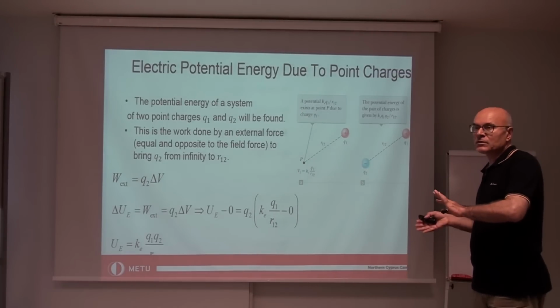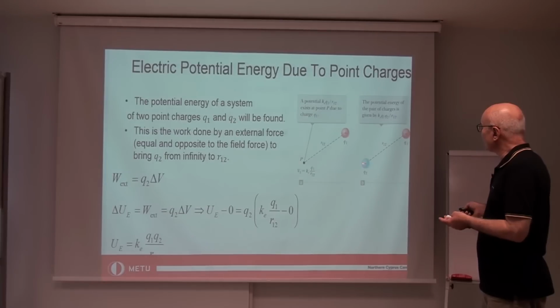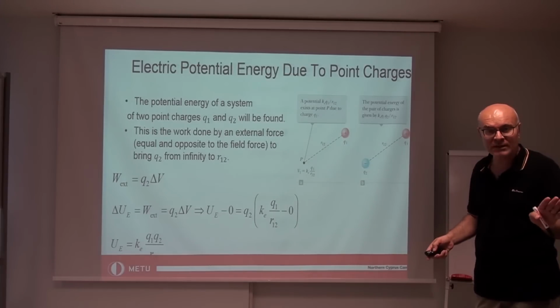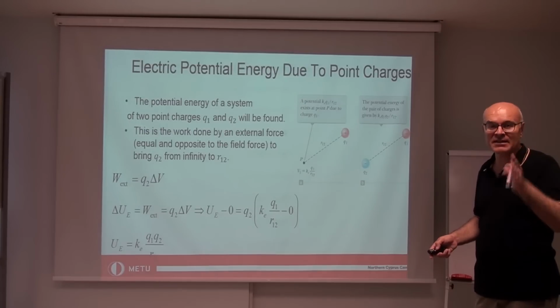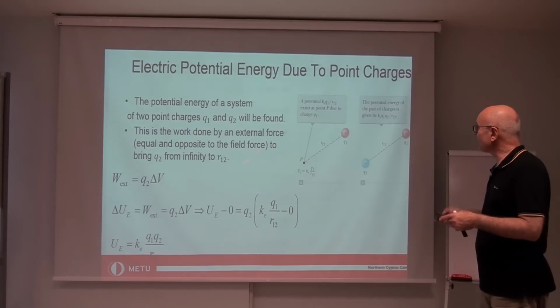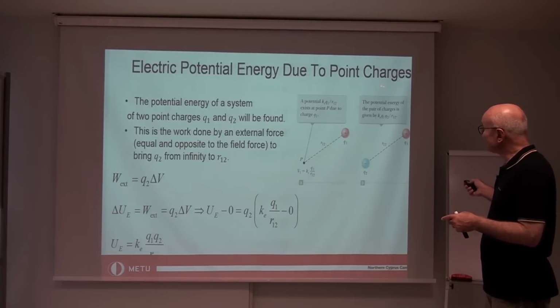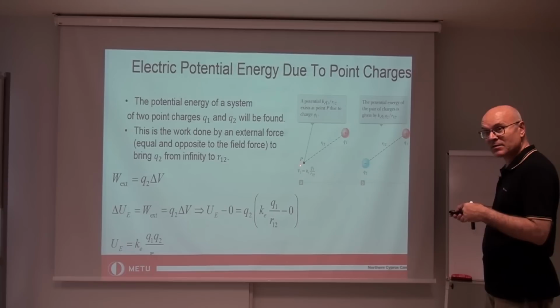Now, one would say, okay, why should I not start with Q2 and then bring Q1 from infinity to this point? This is totally true, and this is totally legitimate question, and the result is definitely the same. So you can think of this as being the work done to have Q1 already here and have its potential here, and bring the charge Q2 from infinity moving in the field and in the potential generated by Q1 to this point here.